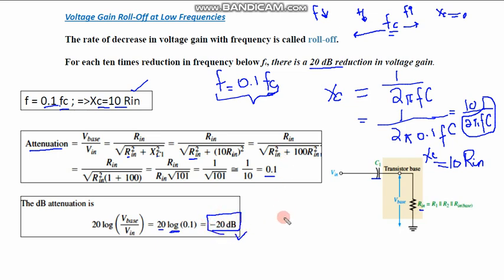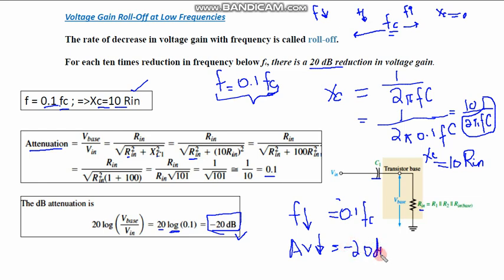So the conclusion is that if your operating frequency, the frequency of the signal, reduces to a lower value, meaning it becomes 0.1, 1 by 10 of the critical frequency Fc, there will be a further reduction in the voltage gain, and it will go down by minus 20 dBs.